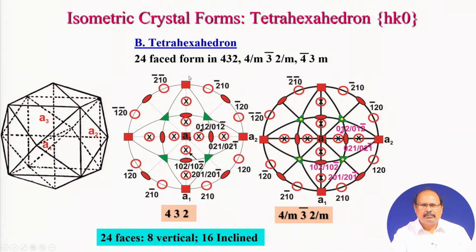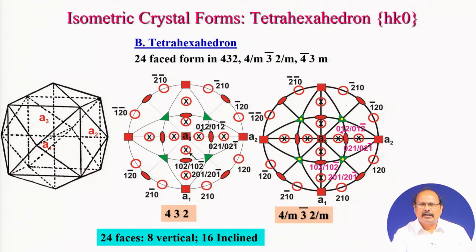This kind of tetrahexahedron will be present not only in 432 and 4/m bar 3 2/m, and you can also study on your own in the point group of symmetry bar 43m. So I repeat once again, if you start with a general form symbol of hk0, this can give rise to 2 broad varieties of forms in the isometric system.